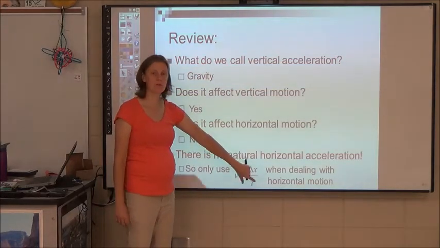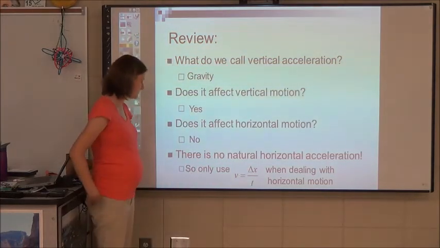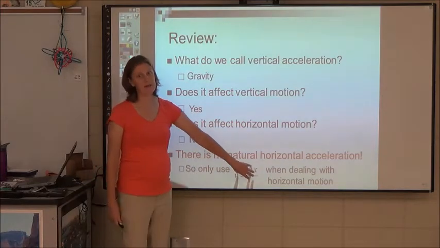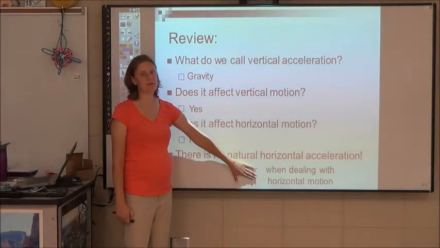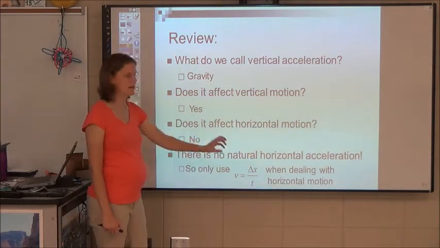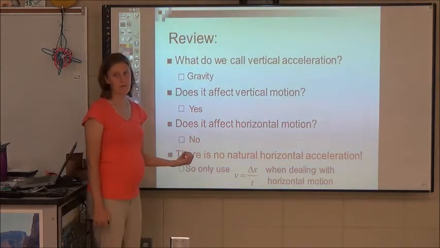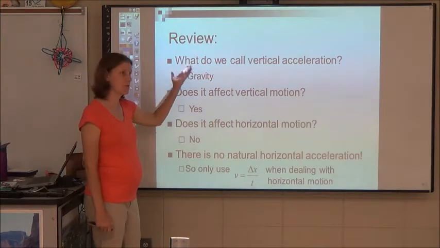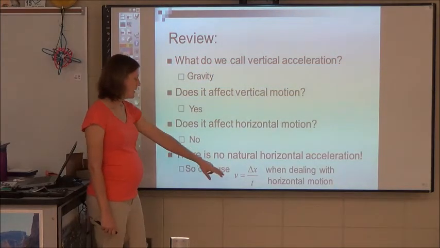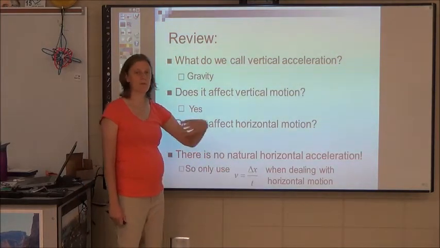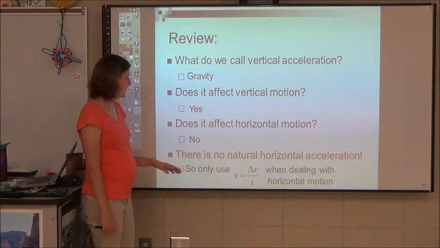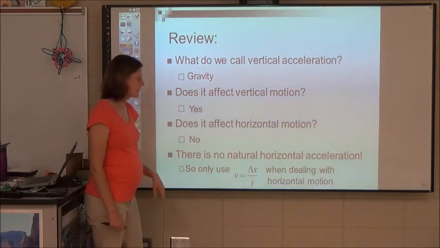This is the equation we use when there's no acceleration. We cannot use this when there is acceleration. Okay, that's a huge mistake that I commonly see in this unit. Kinematics are for when something's accelerating, vertical motion where we have gravity, but displacement over time is sort of your basic horizontal equation. There's no natural horizontal acceleration.